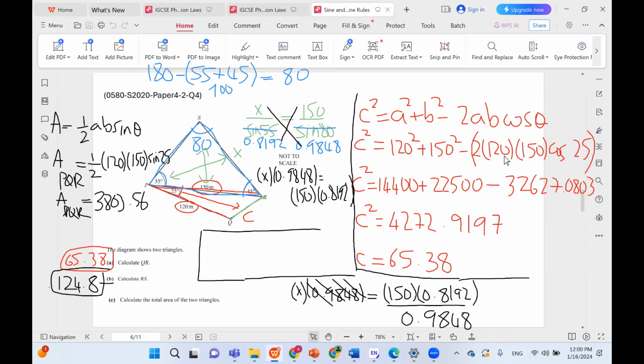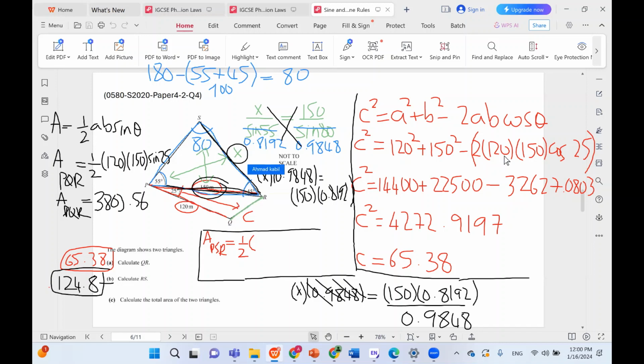So the area of triangle PSR, again, is half times AB sine theta. So in this case, we need two sides and the included angle. We have the side of 150. So let me just color that here. We have this side here, side 150. And we have this side as well because we obtained that.